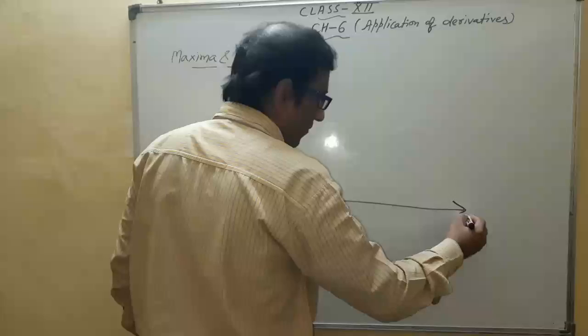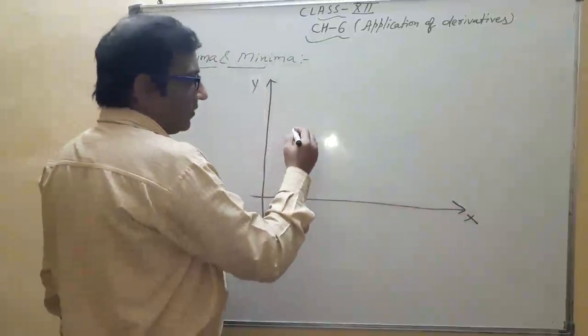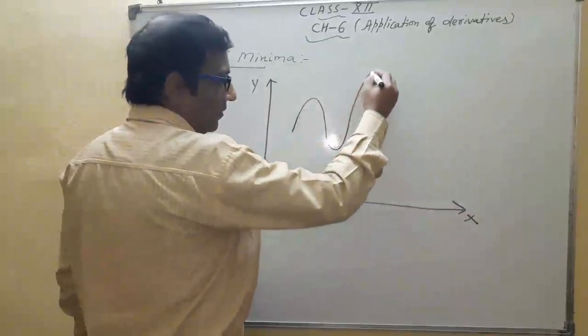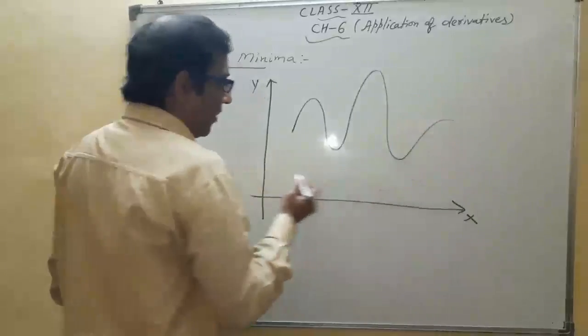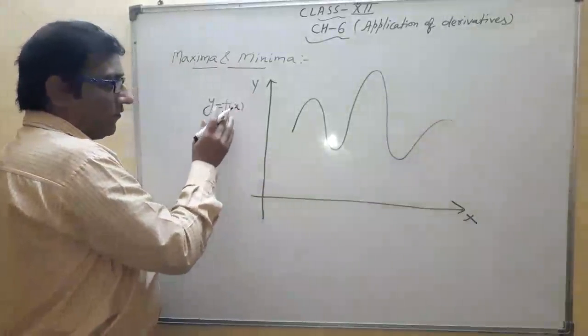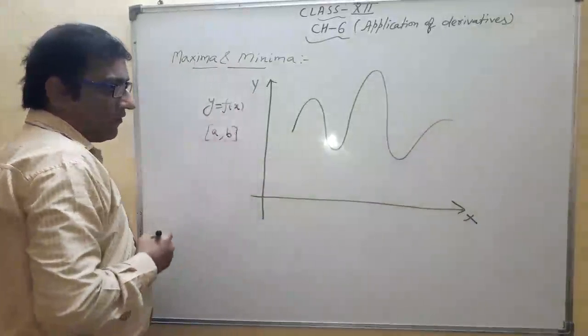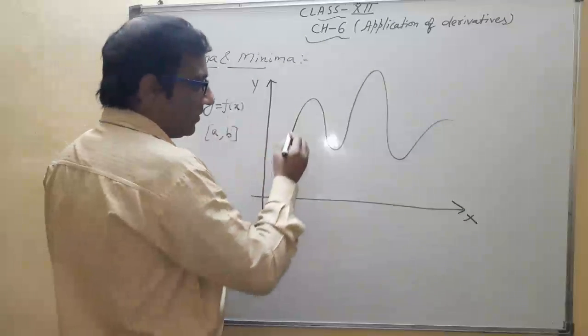This is the graph related with the x and y axis. So if I say y equals f(x) is a function where x belongs to the closed interval [a, b], then how can we plot it?